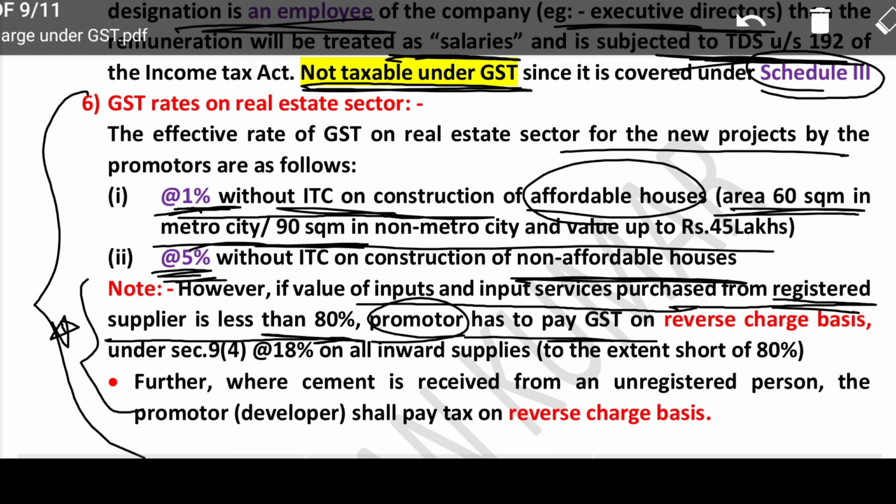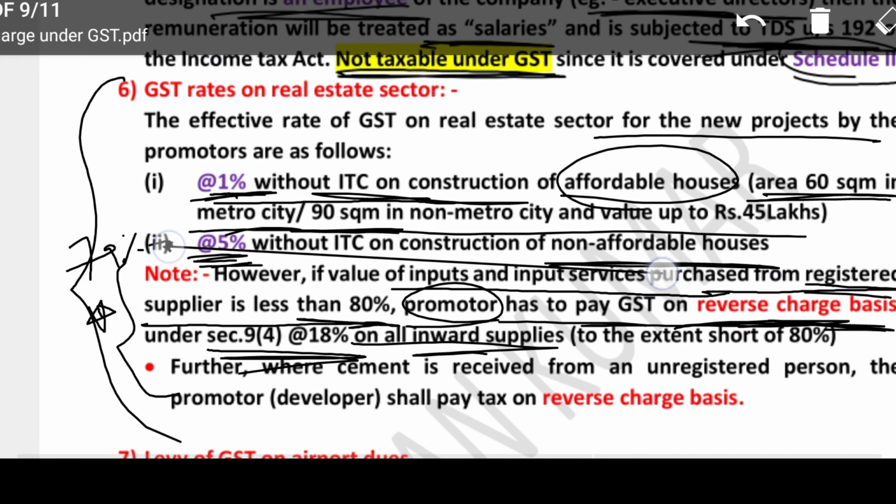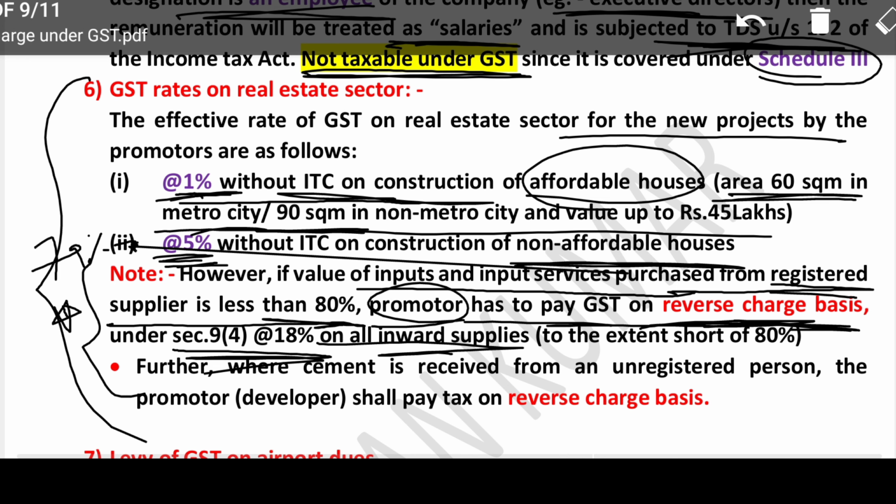The promoter, meaning the developer, has to pay GST on reverse charge basis under 9(4) at the rate of 18% on all inward supplies. If the developer purchased 79%, then the remaining 1% he has to pay on RCM basis. Suppose he has purchased 78%, on the remaining 2% he has to pay on RCM basis, to the extent of 80%, like that.